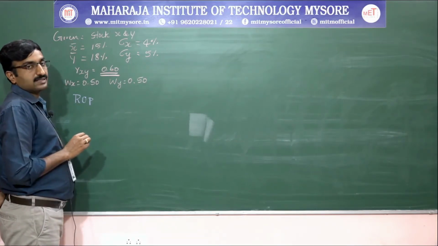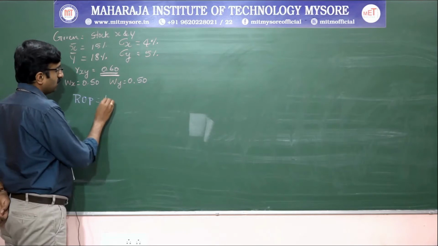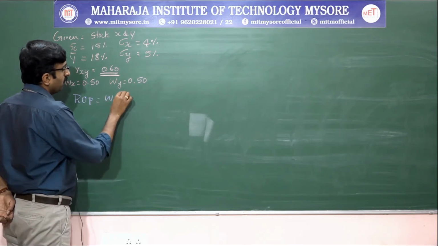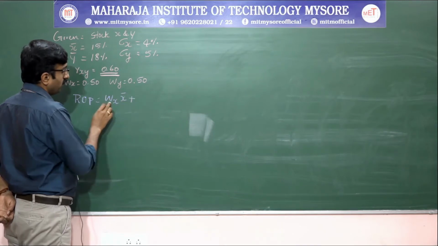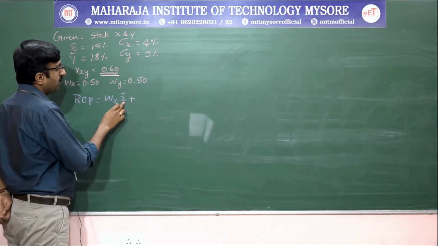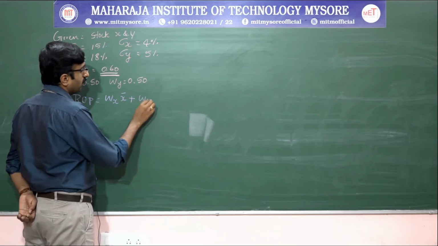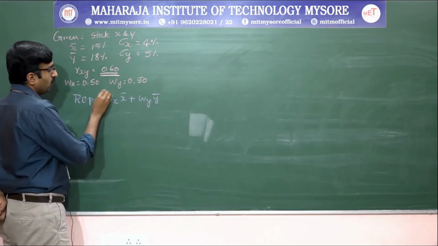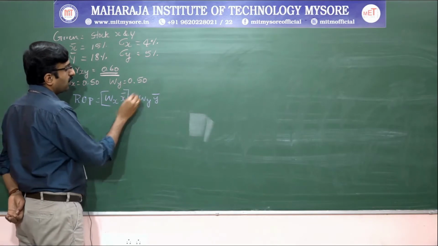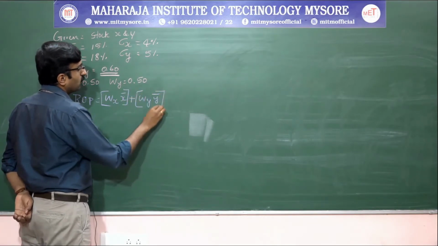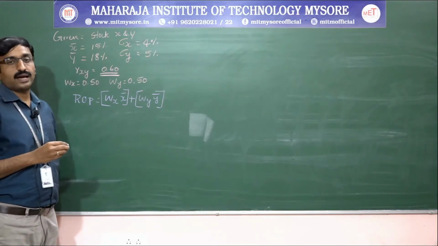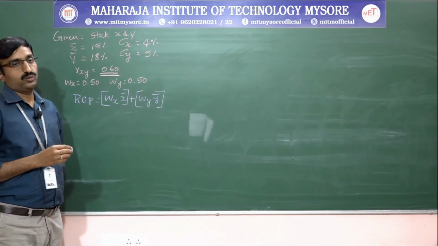RP is equal to weight X into X bar plus weight Y into Y bar. This is the formula we apply for calculating return on portfolio.